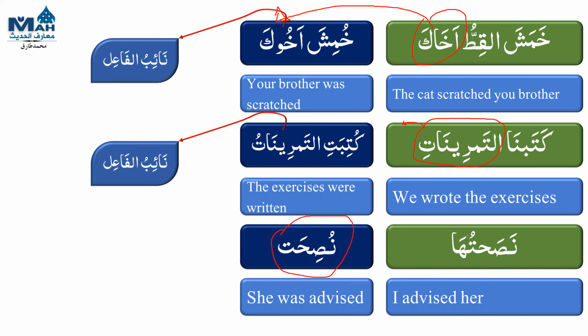Nusihat. She was advised. Because what will you do, you will remove the fa'il, and this maf'ul will be converted to naibul fa'il. Because this is a pronoun, you will just follow the chart. Nusihat. She was advised. Okay. Next sentence.